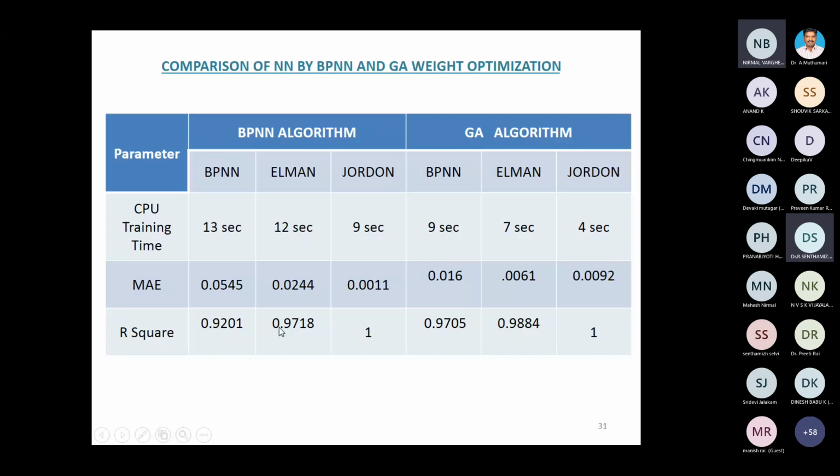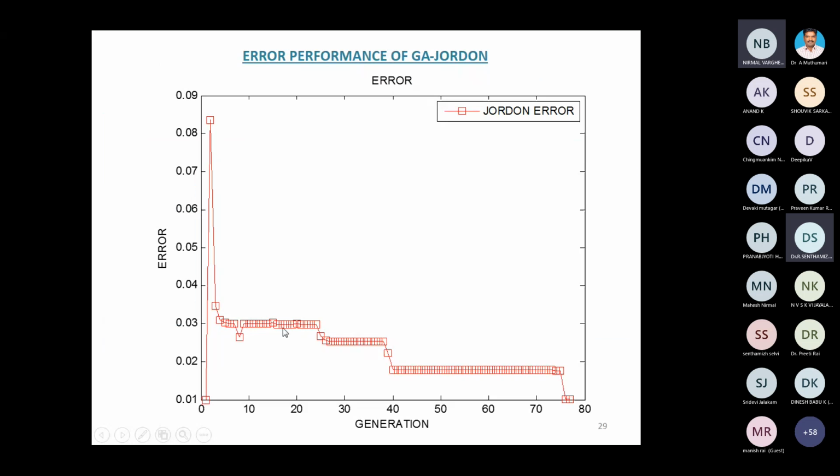Only if this kind of error is achieved can we say your neural network is tuned properly as per the implementation of the genetic algorithm. Otherwise, it means that your neural network is not tuned properly. Your training process is not perfect. So you have to take the initial parameters of your weight values, bias values, and input values properly.